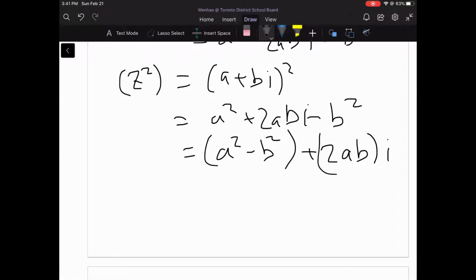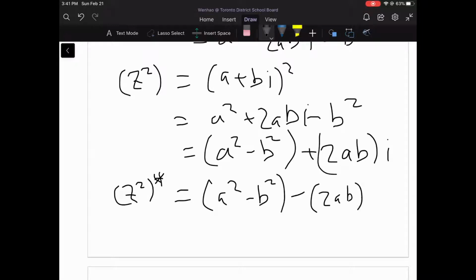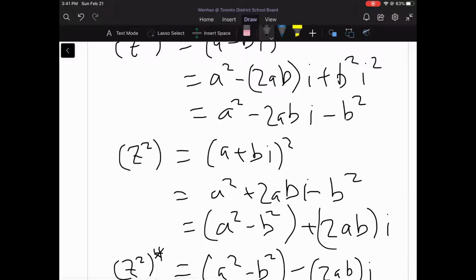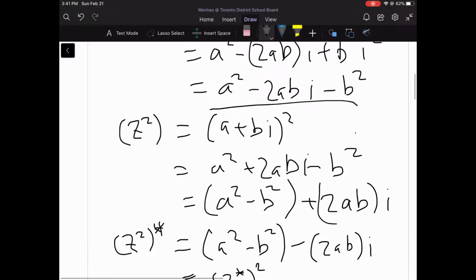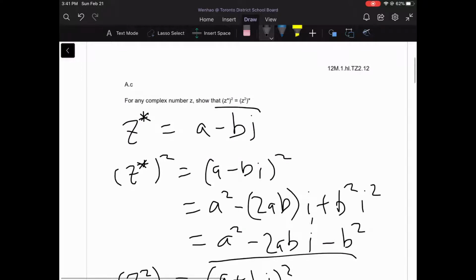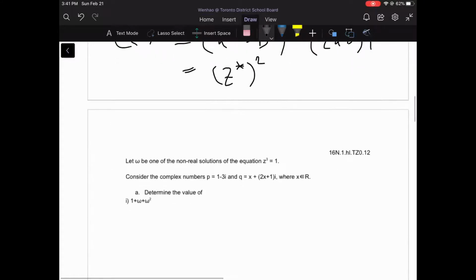So we take the conjugate, z squared conjugate, and we take the negative of the imaginary part, which is a squared minus b squared minus 2abi, and this is equal to z star squared, and we just proved this.